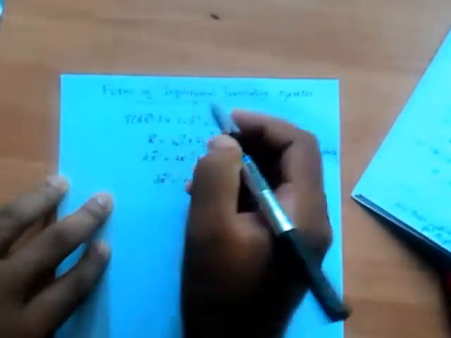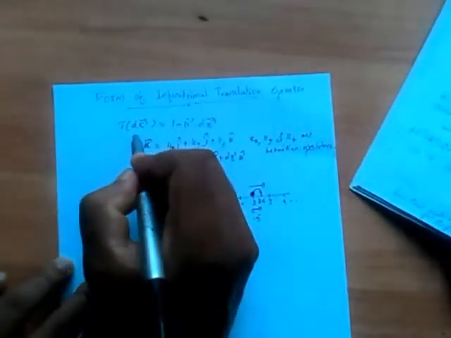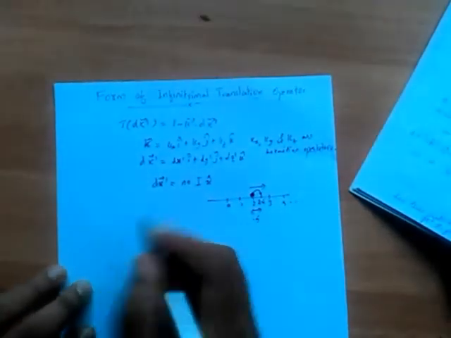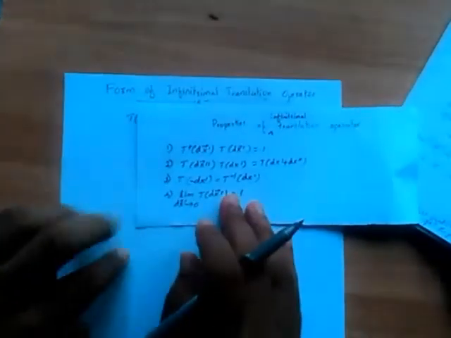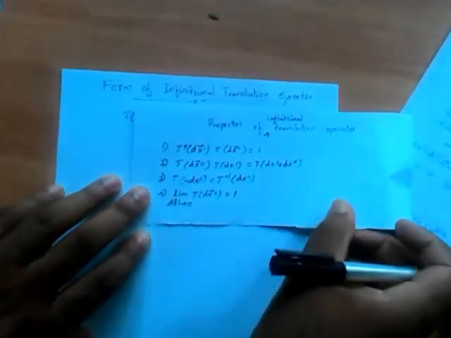We have taken the translation operator T(dx') in this form, 1 - i k · dx'. We have to verify whether this translation operator satisfies all the 4 properties. First, the first property: T dagger(dx') T(dx') = 1.